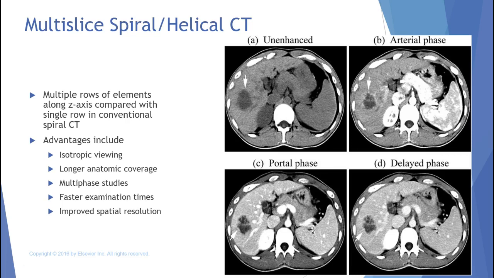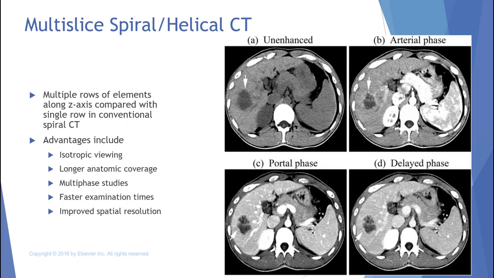Okay, so multi-slice helical CT. It has multiple rows of elements or detectors along the z-axis compared with the single row that was in conventional CT. The advantages to this include isotropic viewing, so that you can get a full square of information, and you know that there is no distortion within that square of your matrix.